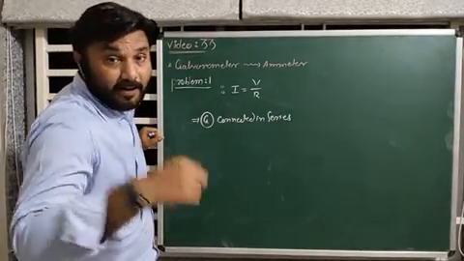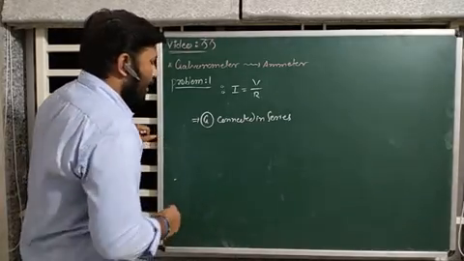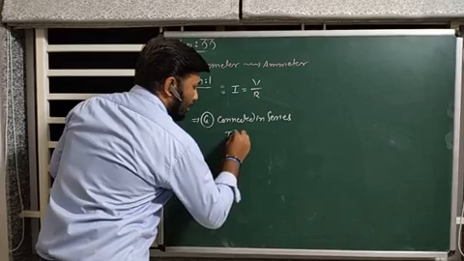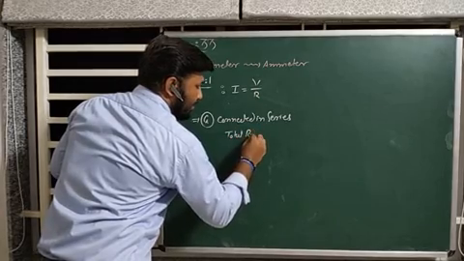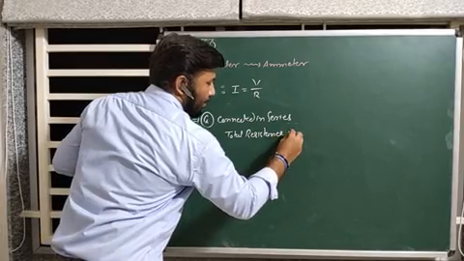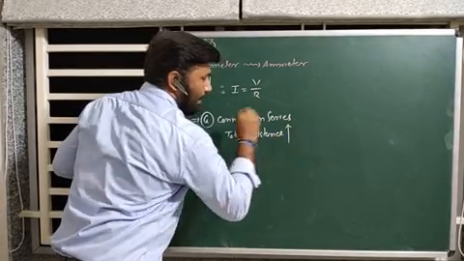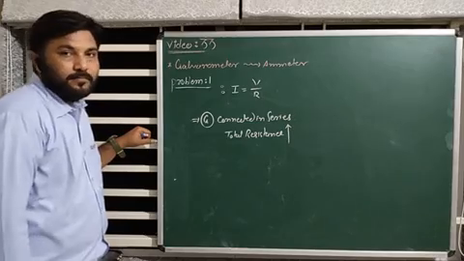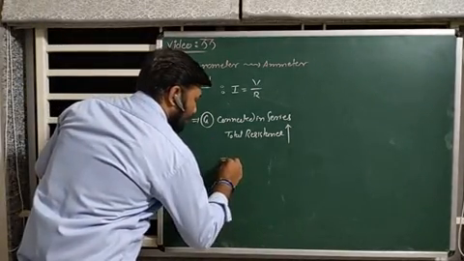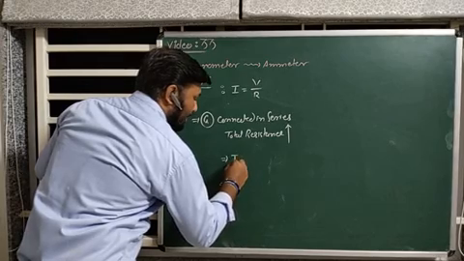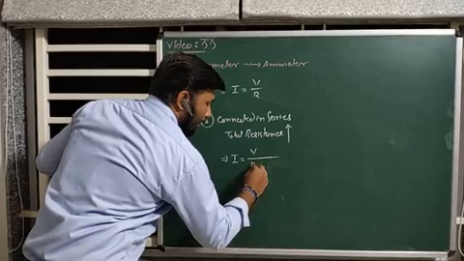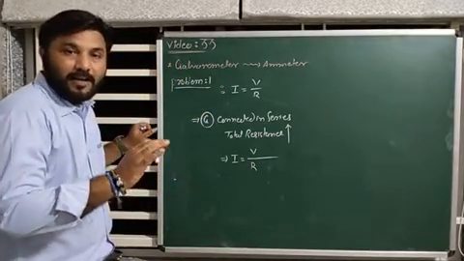to measure electric current. Okay, and because of this reason, the total resistance increases. How? Previously, what was the equation of electric current? I is equal to V by R. This is the real equation.